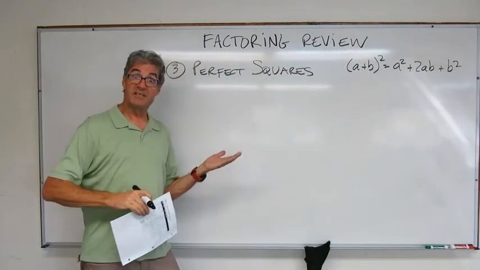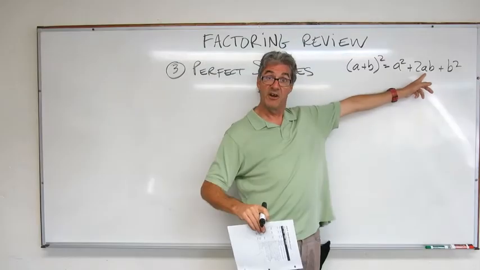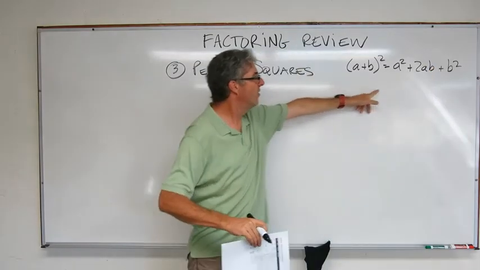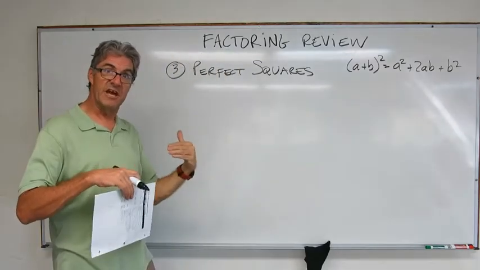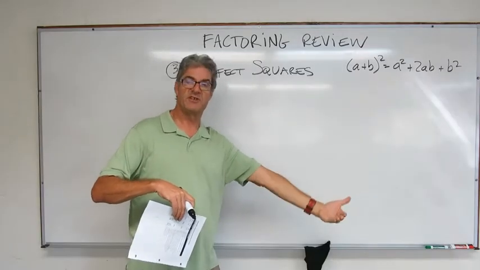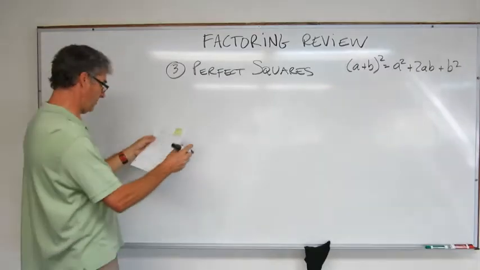Okay? So when we did expansion, we started with this and we used the pattern to go here. So with factoring, you're going to start with this and use the pattern to go here. Okay? So that's why these two concepts are taught right together, because factoring is undoing expansion and expansion is undoing factoring. Okay? All right.